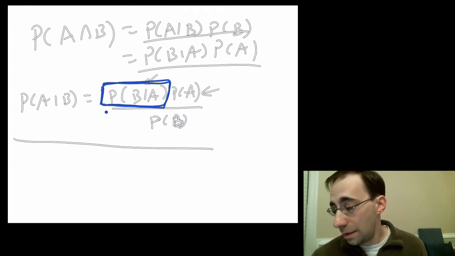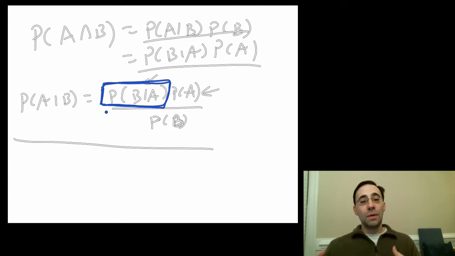Then you divide by the probability of B, which is the unconditional probability that B happens. B might happen given A, it might happen given not A, or other things, and we'll get to that a little more. But the key notion is that you divide the probability that B happens given A by the probability that B happens for any reason at all.